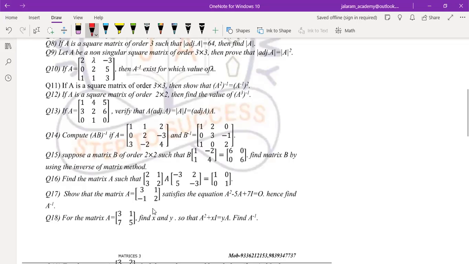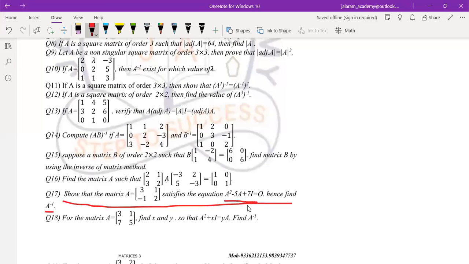Now we'll discuss a very important property to find the inverse of a matrix when an identity of matrix is given.